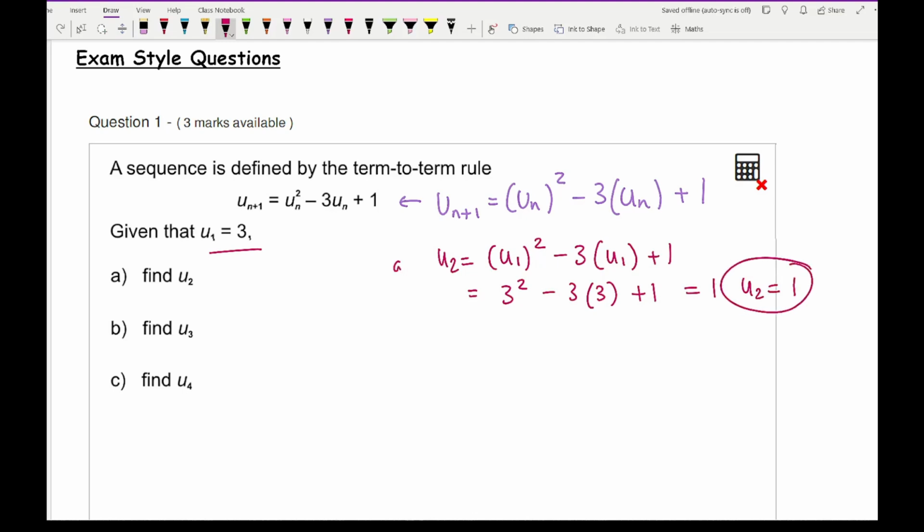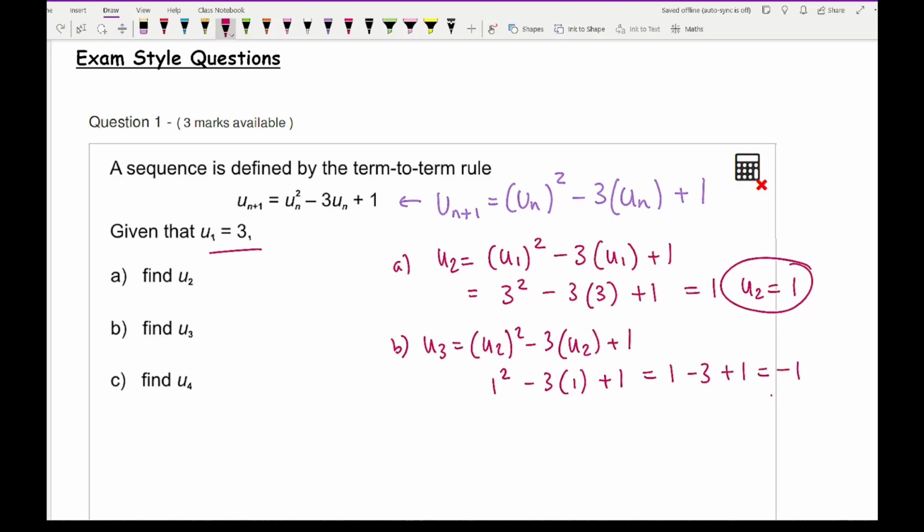Then for b, u3 is equal to u2 squared minus 3 lots of u2 plus 1. So if u2 equals 1, that's going to be 1 squared minus 3 lots of 1 plus 1. 1 squared is 1, minus 3 is minus 2, plus 1 is minus 1. So u3 equals minus 1.